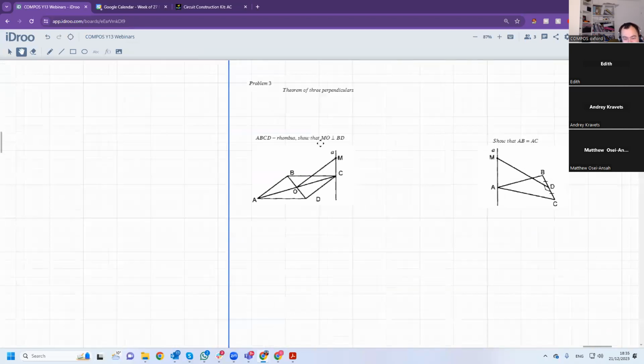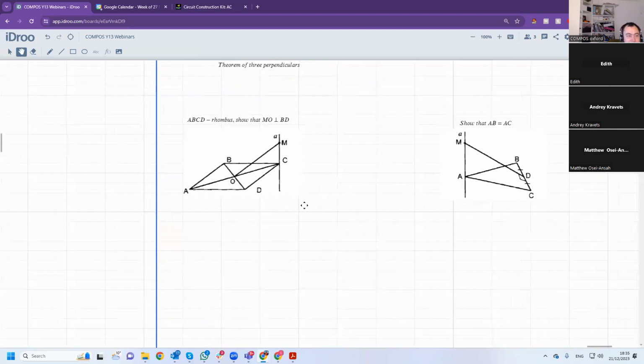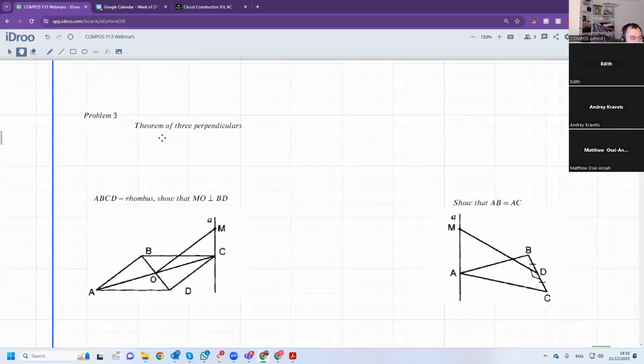Theorem of three perpendiculars. It's kind of obvious, it's kind of straightforward, but let's talk about it.